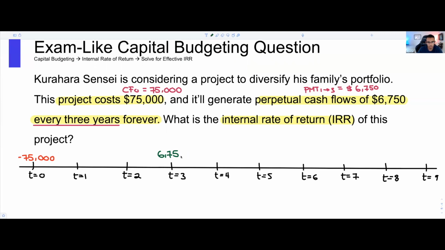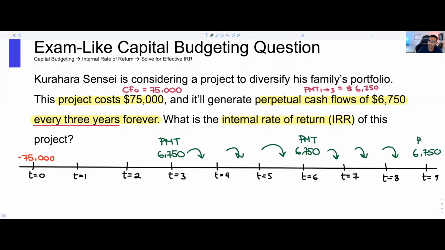What I wanted to really showcase is that we have 1 year passing, 2 years passing, 3 years passing. We have another payment here. 1 year passing, 2 years passing, 3 years passing. We're going to have another payment here. So notice how our payments are occurring every 3 years.